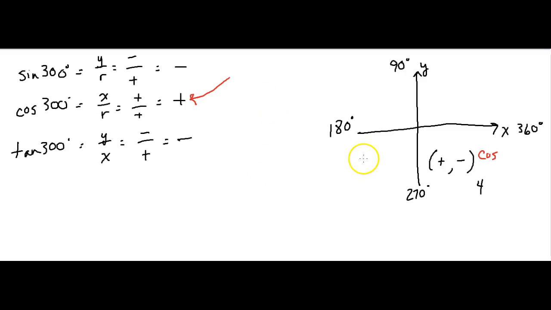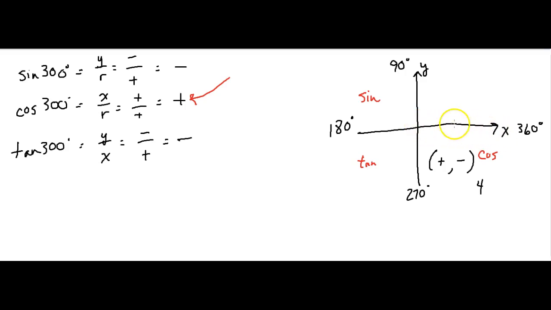Remember, in this one, only the tangent had positive values, and in this one, only sine had positive values. What was it about quadrant 1? Which trigonometric functions had positive values there?